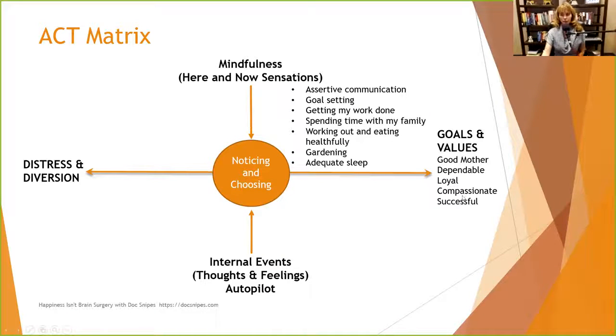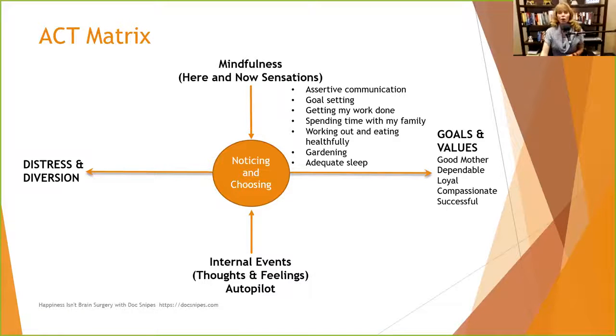For example, when we're talking about these goals and values, for me, it would be assertive communication is a behavior that would get me closer to good relationships and success in the workplace. Goal setting, same thing. Getting my work done, it's kind of a no-brainer. Spending time with my family, it's a behavior that will get me closer to what I think is important, what makes me happy.